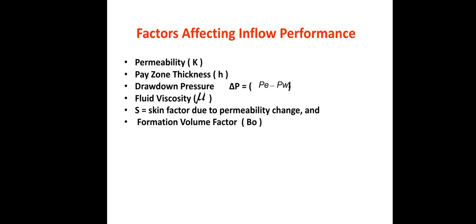Then the drawdown pressure, which is the driving force, of course, the fluid viscosity, the skin factor due to the permeability change, and the formation volume factor. So overall we have six items that are affecting the reservoir IPR, so master them well. We have the permeability, the pay zone thickness, the drawdown pressure, the fluid viscosity, the skin factor, and the formation volume factor, Bo.